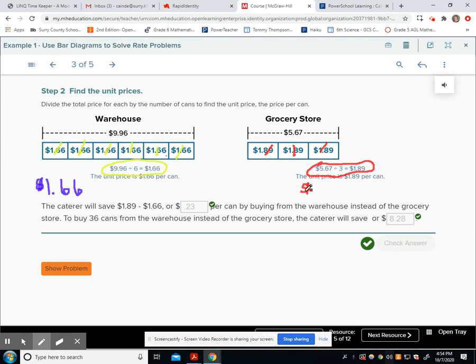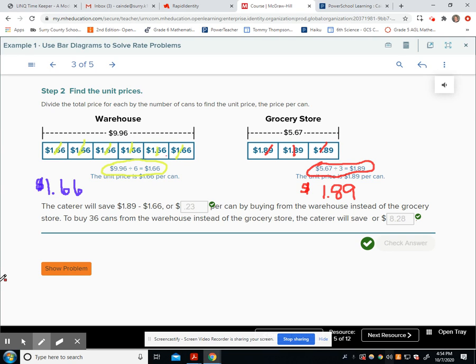So the price per can is $1.89. The unit price per can at the warehouse is less expensive. So I'm going to pay $1.66 for each of those cans versus paying $1.89 for each can at the grocery store. So I could save money.